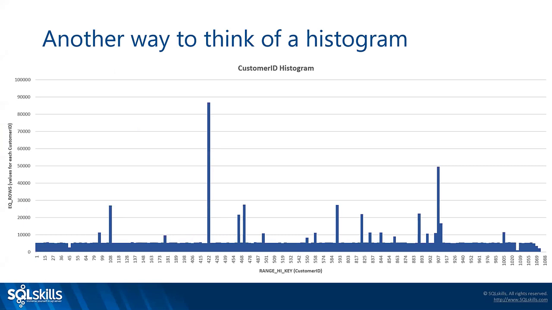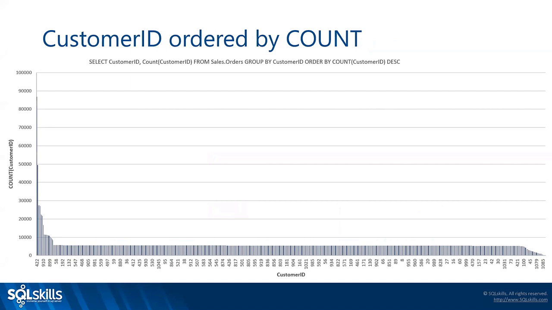But here, if we took a histogram and we took that table basically and we flipped it on its side, this is what you would see, right? This is our distribution of data. And again, not every customer ID value is represented here because we have a limit of the number of steps that we can have. Now, sometimes when you're trying to understand the distribution of data, you probably do something like a count, right?